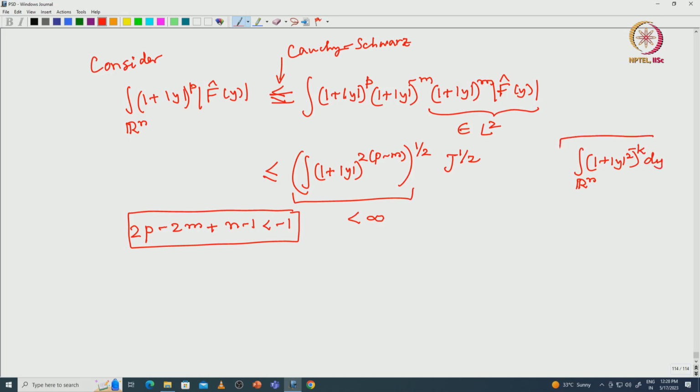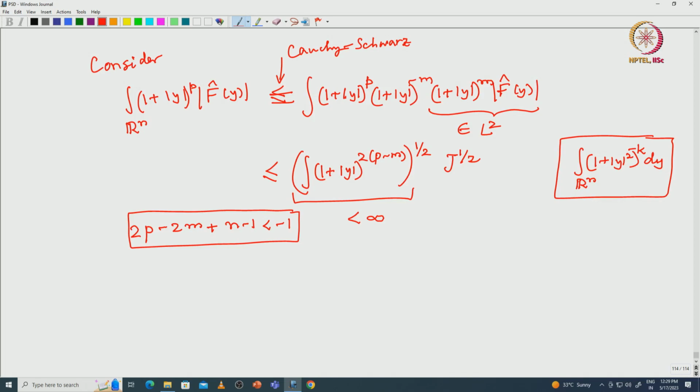This is an interesting integral for k large enough, and you can actually compute that. So for p bigger than or equal to 0, this integral is finite.